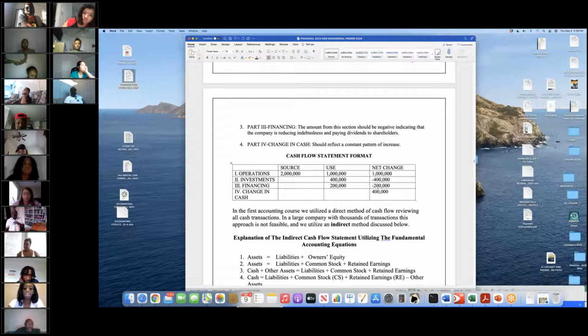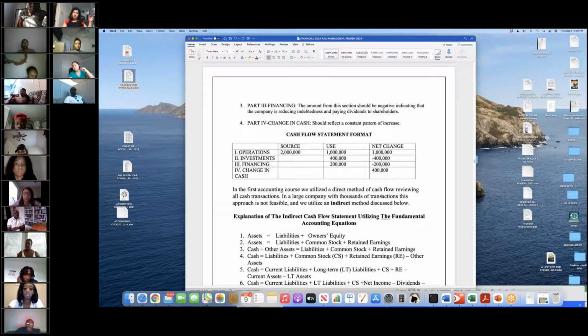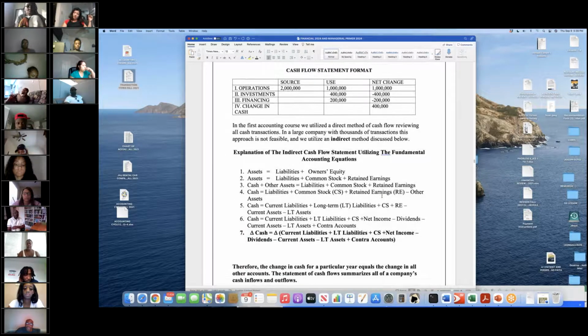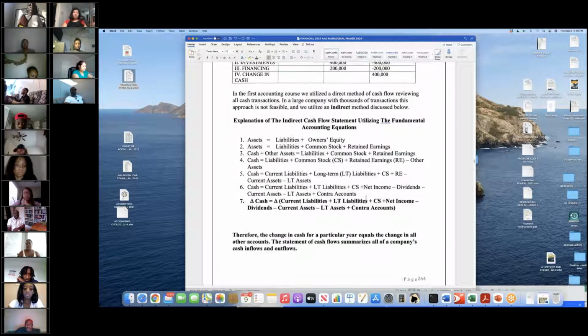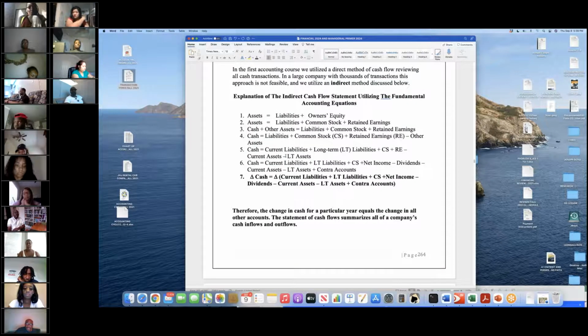Now, in the first course, we used the direct method. We just looked at the cash transaction types 1 through 11, and we could do a cash flow statement. But if there are thousands of transactions, that's not feasible. And so we derive how we can do this a different way by starting with the accounting equation: assets equal liabilities plus owner's equity.